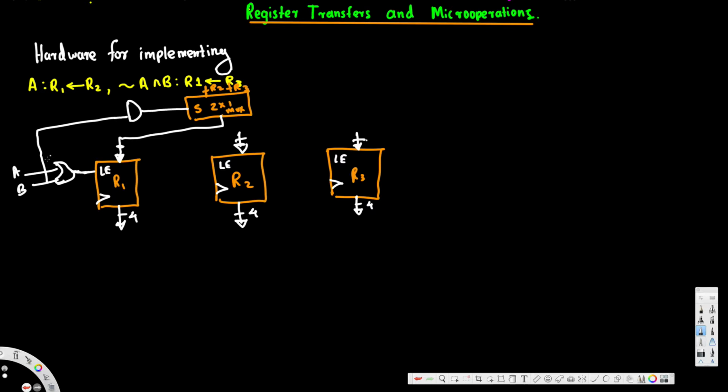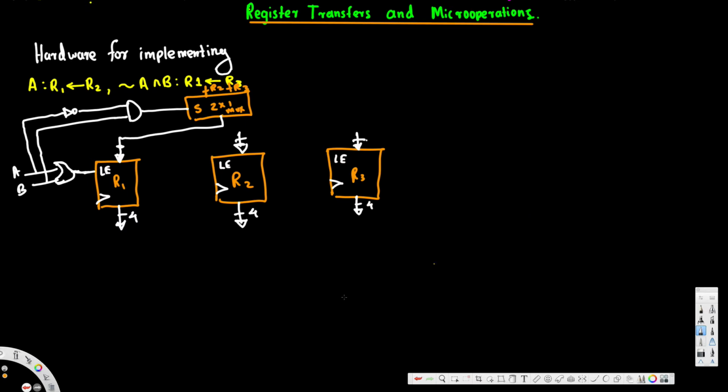A is the NOT, so we connect this one to the NOT gate and AND gate, and that's it. That's the hardware implementation of this expression using multiplexer.